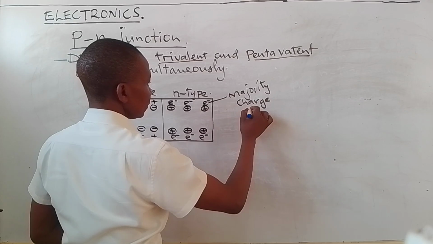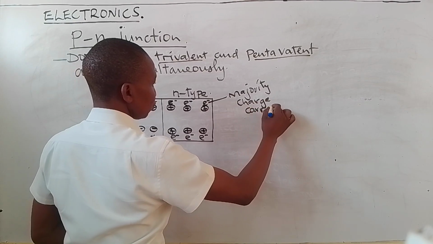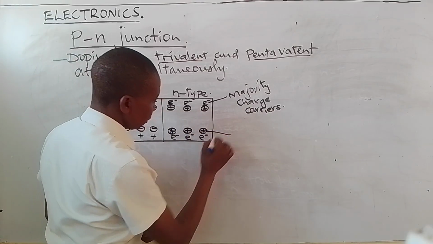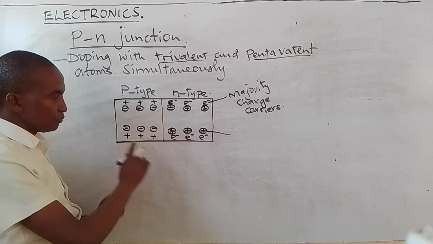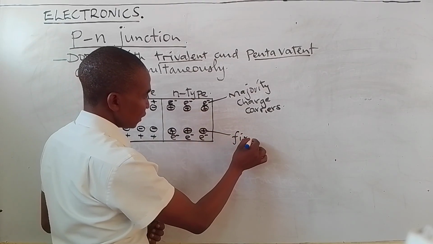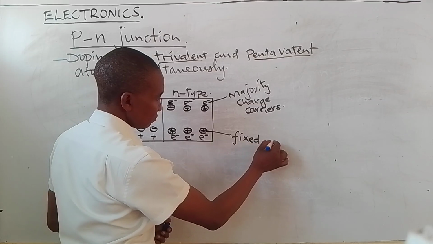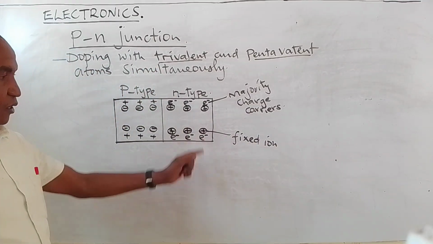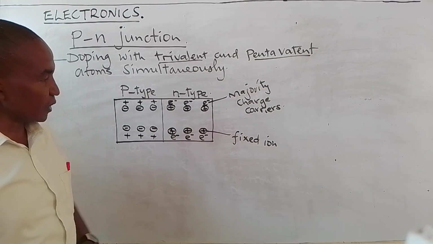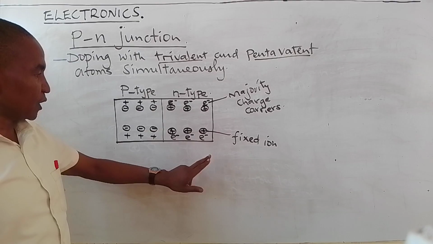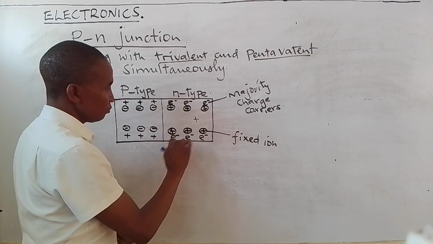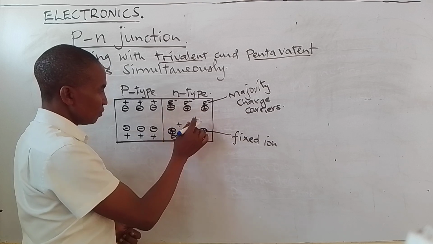I want us also to look at fixed ions. Every electron that moves leaves behind a hole as a fixed ion in the parent crystal. So, in the n-type region, electrons are the majority charge carriers, fixed ions are the holes, and then we may have a few gamma generated holes.